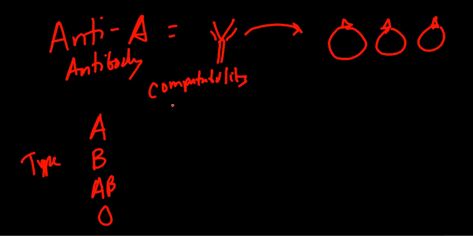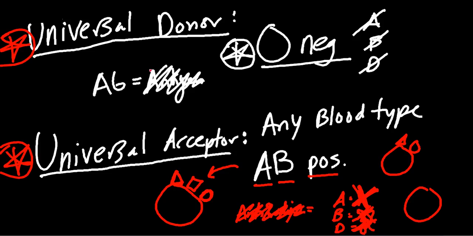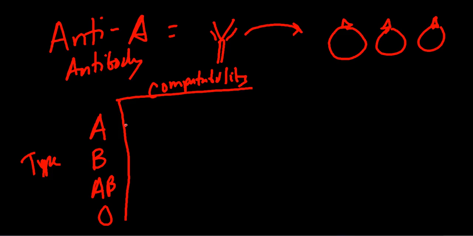Compatibility. So what blood type is type A compatible with? Remember, I'm going to go back. The universal donor is O negative. The universal acceptor is AB positive. They're really in search of O negative donors. So going here, blood type A is going to be compatible with A. Now, does that make sense?